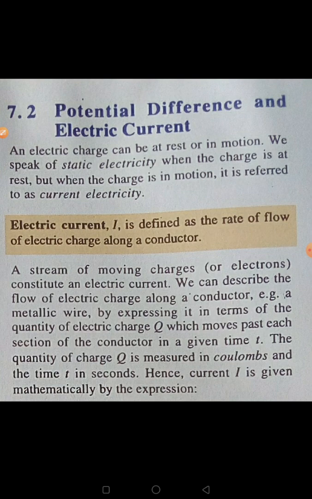We can describe the flow of electric charge along a conductor, e.g., a metallic wire, by expressing it in terms of the quantity of electric charge Q, which moves past each section of the conductor in a given time t. The quantity of charge is measured in coulomb and time in seconds. Hence, current I is given mathematically.